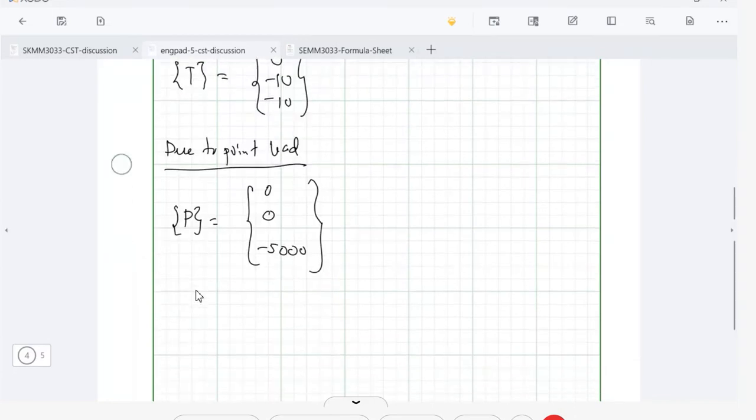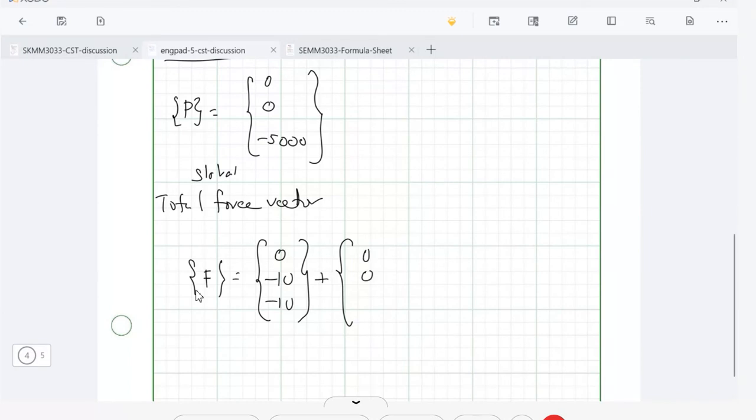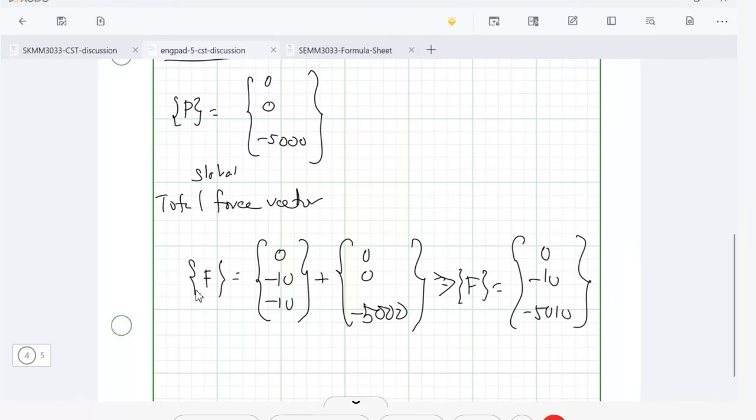So the total global force vector becomes 0, minus 10, minus 10, plus 0, 0, minus 5,000, and it becomes F equal to 0, minus 10, minus 5010.